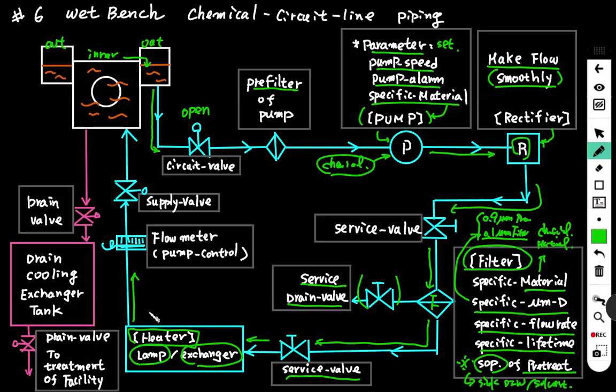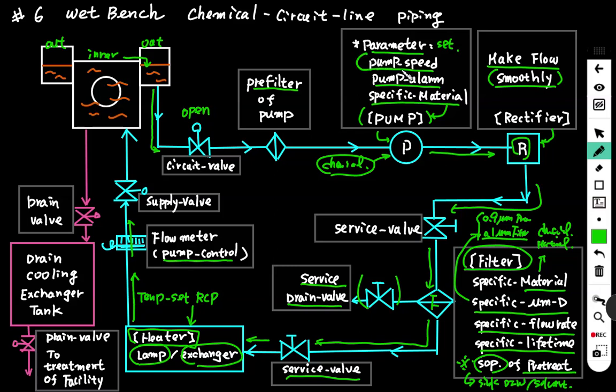After the heater, the heat temperature is set by recipe, and the recipe controls the heater. And through the flow meter to let the engineer know the flow rate. The flow meter just sends the flow rate to the engineer, and the flow is controlled by the pump.